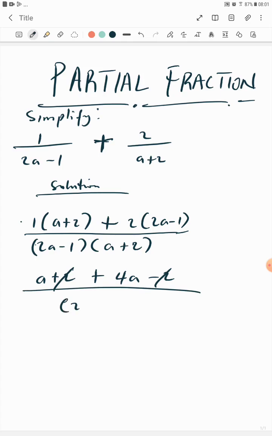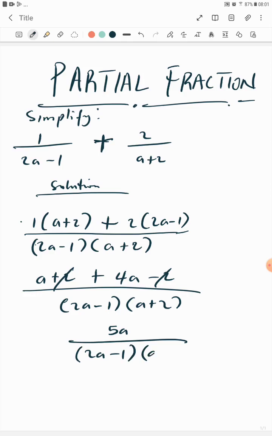Of course, we still have our denominator, which is 2a minus 1 times a plus 2. So a plus 4a will give us 5a over 2a minus 1, into bracket a plus 2. So this is exactly what this simplification will give us.